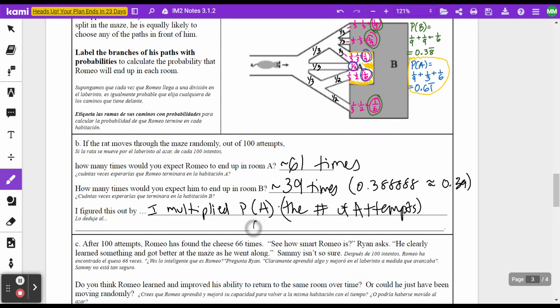So that would be 0.61 times 100 equals 61. And then for the other one, I said 39 times because he either ends up in A or B. So I had to pick between 38 and 39. And 0.3888888 is closer to 39 than it is to 38. You could say the same sentence for the probability of B.